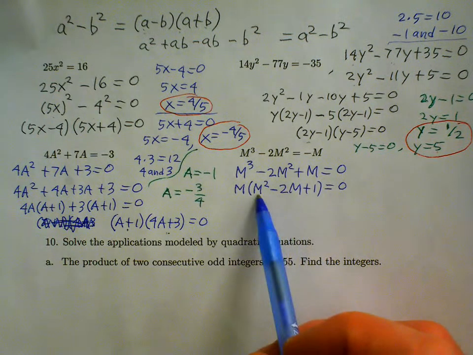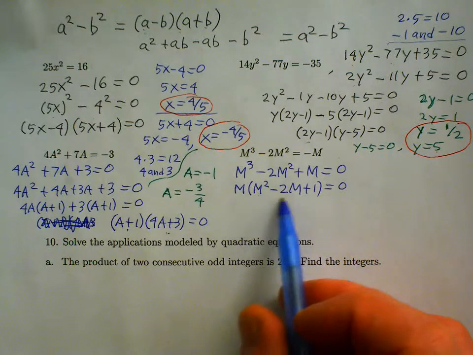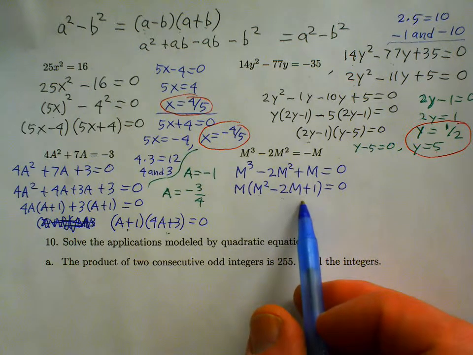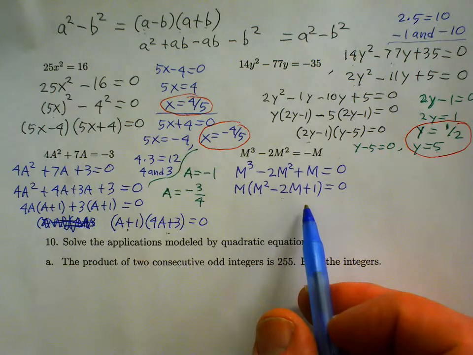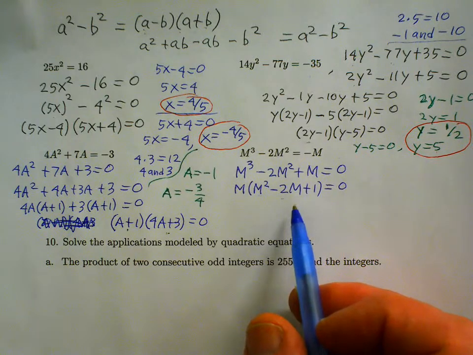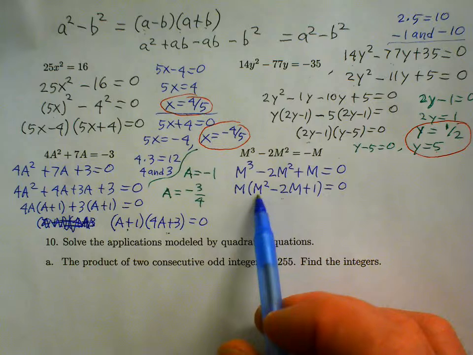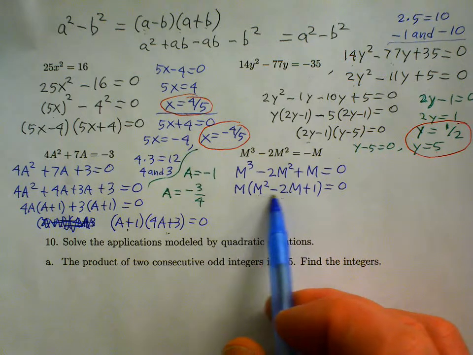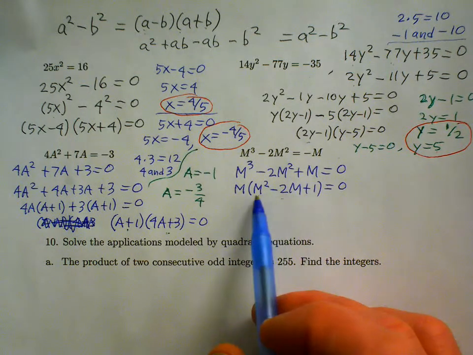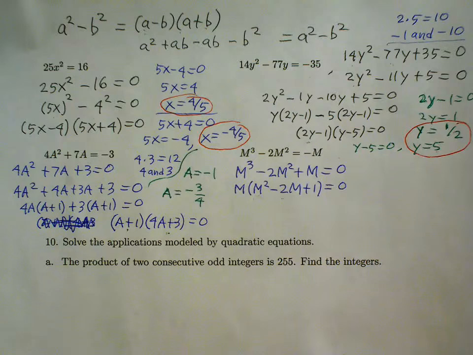What did you come up with for the factors of m to the second minus 2m plus 1? M to the second minus 1m minus 1m plus 1. Okay, and then factor by grouping. Yeah, if you use the AC method on m squared minus 2m plus 1, 1 times 1 is 1.